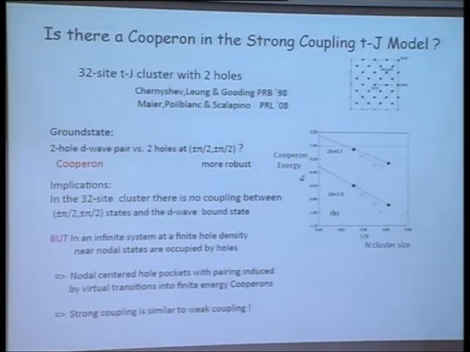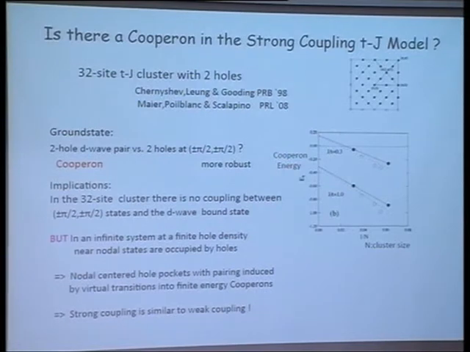And the ground state that one finds for two holes in this cluster is a competition between two different states. One is a bound state of two holes, a Cooperon with d-wave character, and that's the energy of it here. And if you choose J over t over three, it's still bound, it's still the ground state for the case of the 32-site cluster.